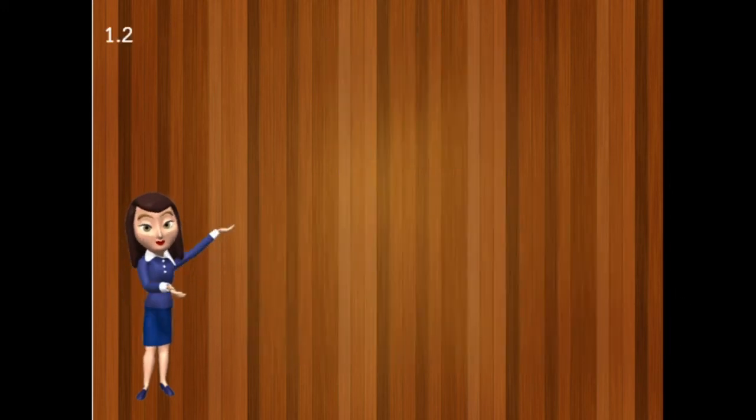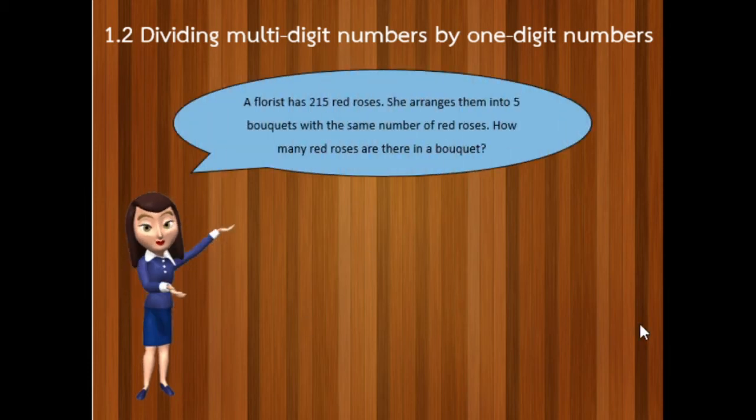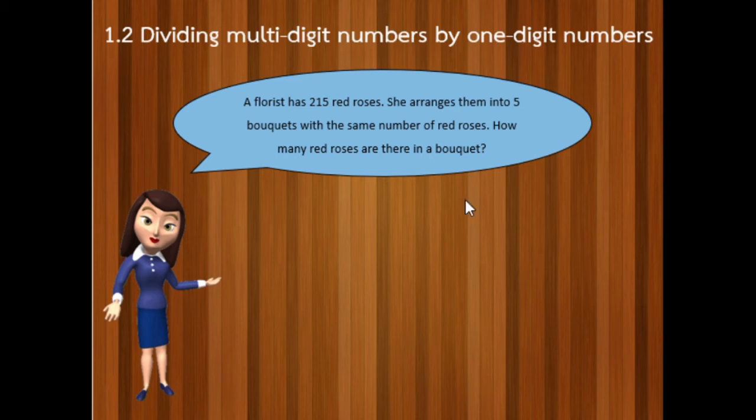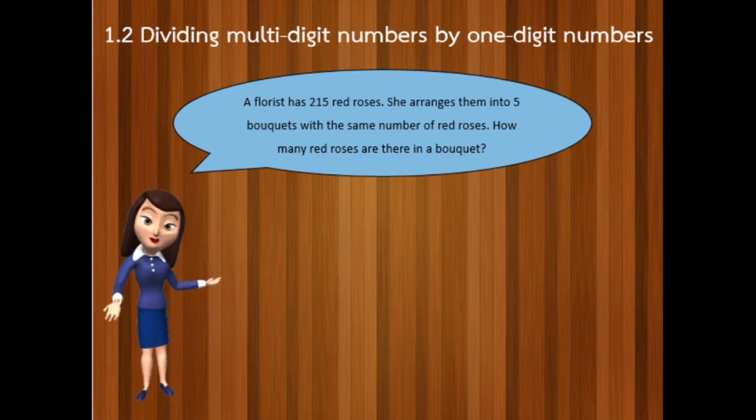This time, let us divide, or how do we divide multi-digit numbers by one-digit numbers? Okay, look, we have here a simple word problem. I will read the problem. A florist is a person who sells flowers.